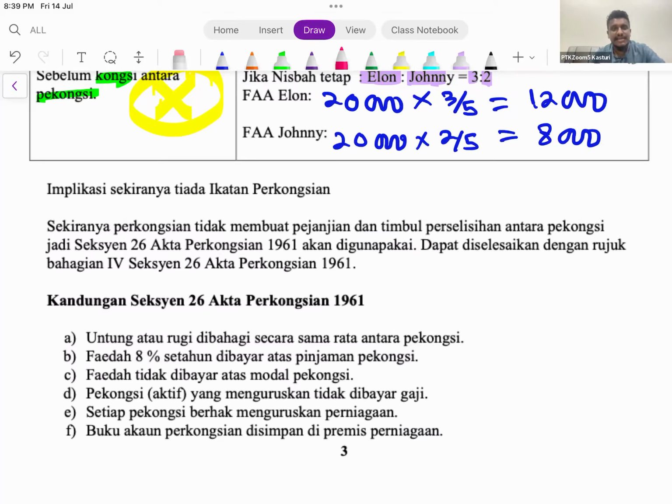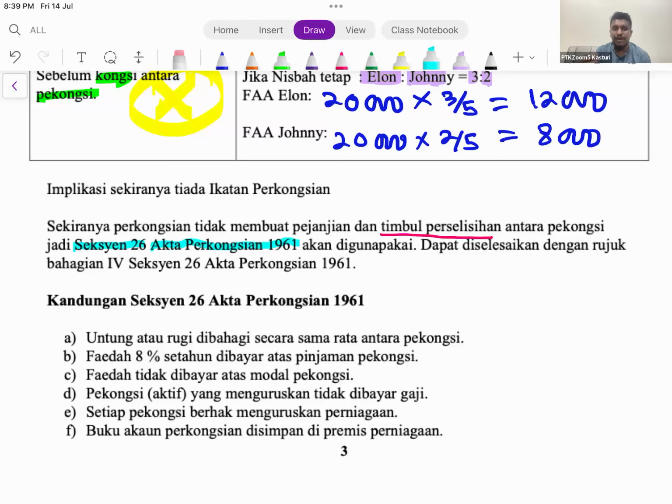Implikasi sekiranya tiada ikatan perjanjian. If you didn't do the agreement, what happened to your accounts? Sekiranya perkongsian tidak dibuat dan timbullah perselisihan faham antara perkongsi, so apa kita akan buat? Kita akan menggunakan Section 26 Akta Perkongsian 1961.